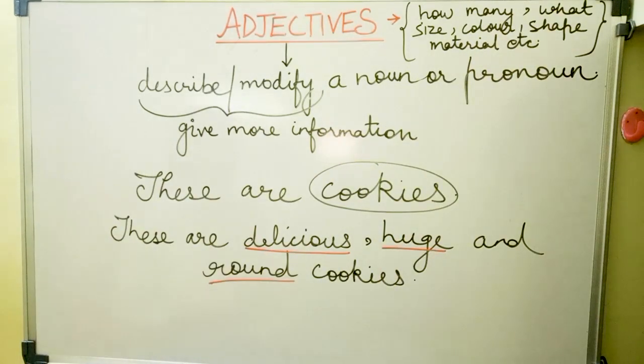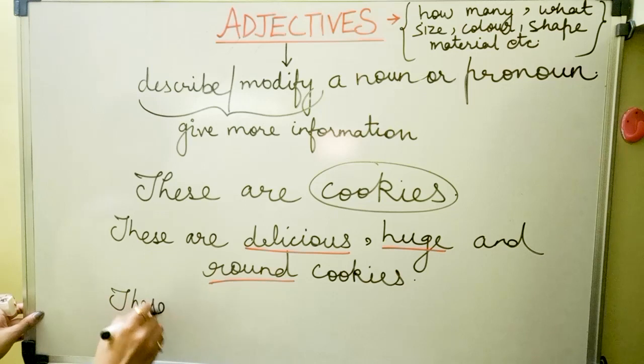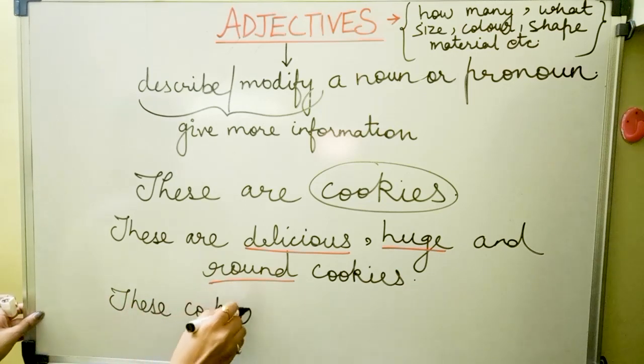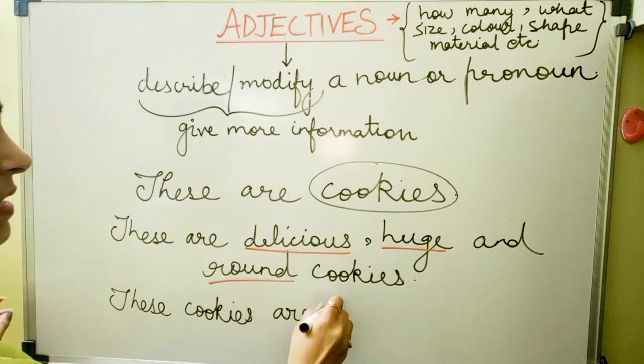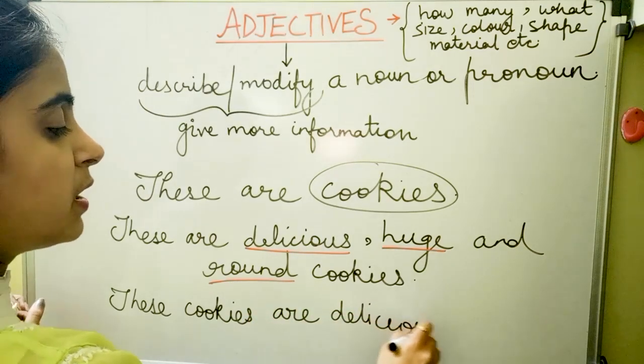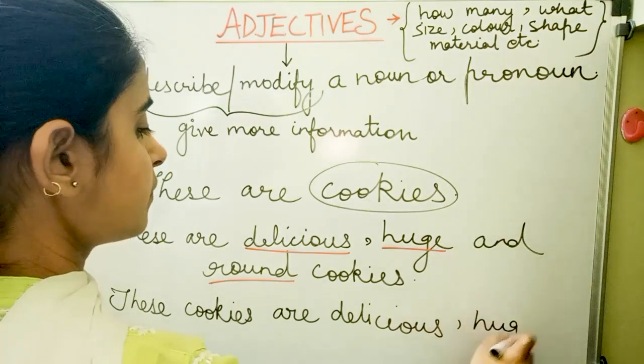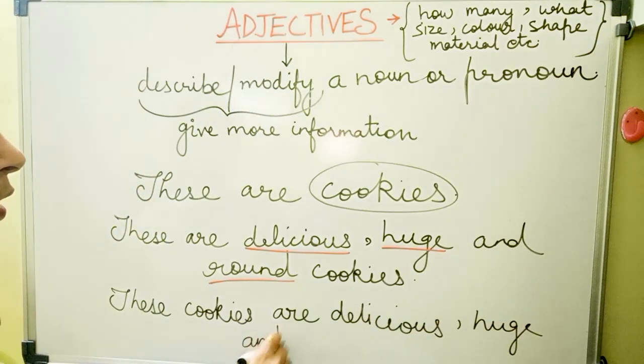Okay, now in this sentence, children, see that cookies is a noun and the adjectives delicious, huge and round are used before the noun. It is also possible that sometimes in some cases we can use adjectives after the noun. Now the same sentence I can frame in such a way that adjectives will be used after the noun. For example, I say, these cookies are delicious, huge and round.